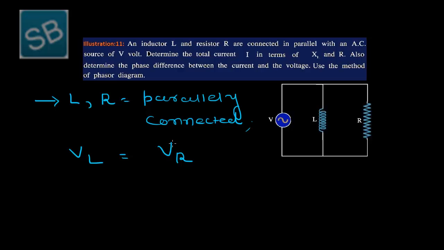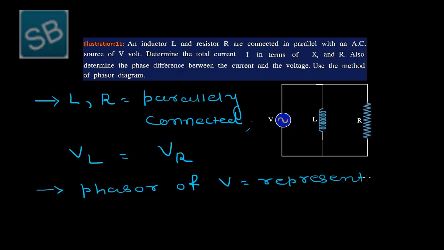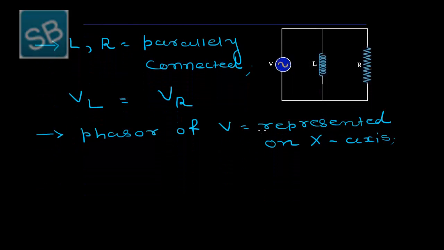Now you want to determine the phase difference, so we assume that the phasor of voltage is represented on the x-axis. And we have to find out with reference to the current phasor.